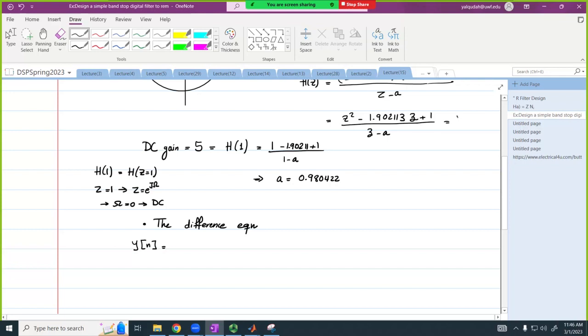We're going to write this as y of z divided by x of z. We're going to multiply across, and then we're going to take the inverse z transform. Make sense? What is that equation going to look like? It's going to look like 0.9804 multiplied by y of n minus 1 plus x of n plus 1 minus 1.902113 x of n plus x of n minus 1.